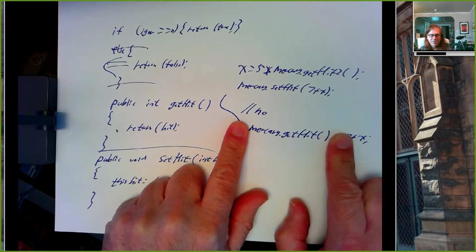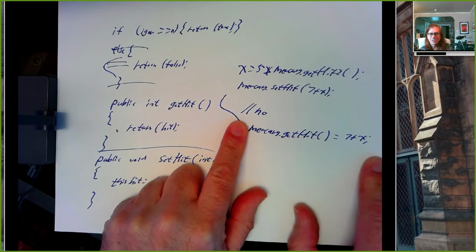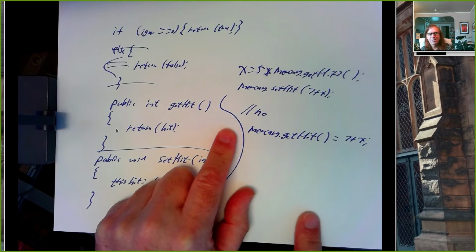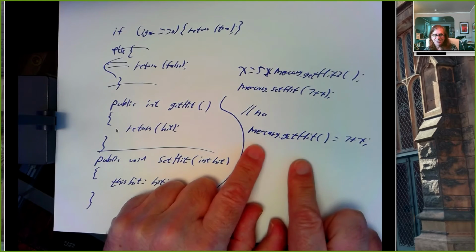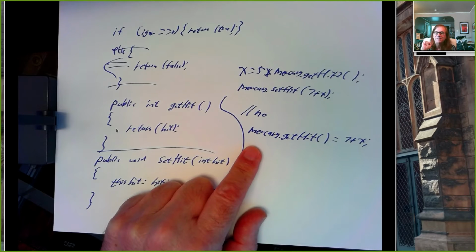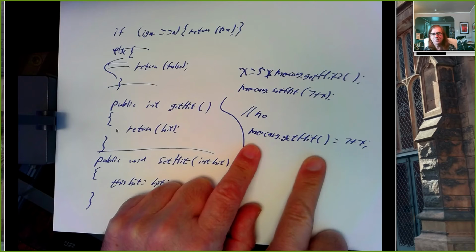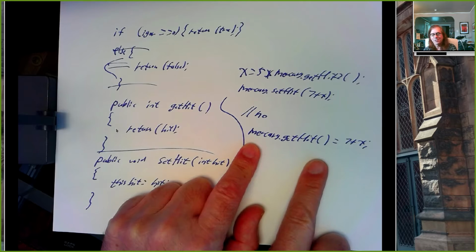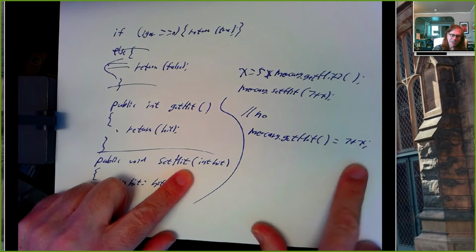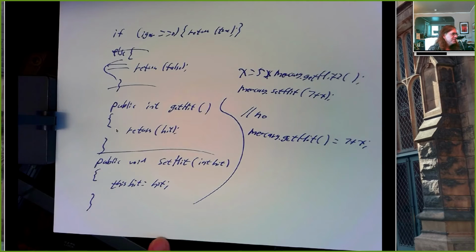It's a number. And trying to set that equal to 7 plus x, that's a syntax error. That's like saying 15 equals 7 plus x. The sentiment is clear. You're trying to take 7 plus x and cause that to be the value that mercury.getHit would return. But that's like anti-entropic. That's trying to run the equations backwards in time or something. That's just not how Java works. So we have a separate method, which is a mutator, which would take the argument 7 plus x and then set the variable equal to that.